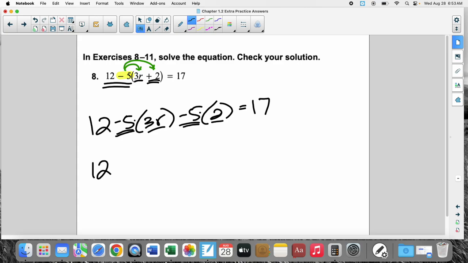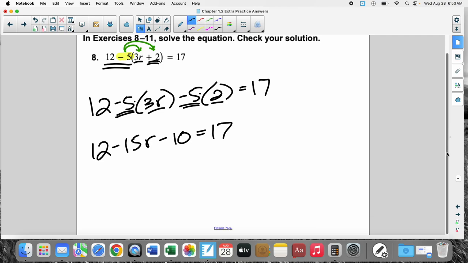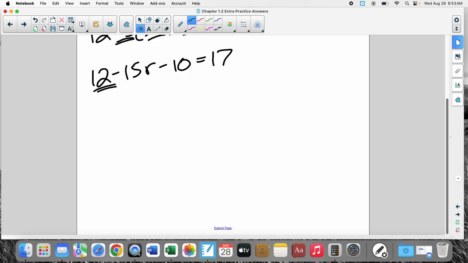This is still multiplication. So that gives me -15r. This gives me -10 equals 17. I'm not going to move things. I'm going to make sure that I am simplifying prior to moving things. So that leaves me with -15r plus 2 equals 17 minus 2.